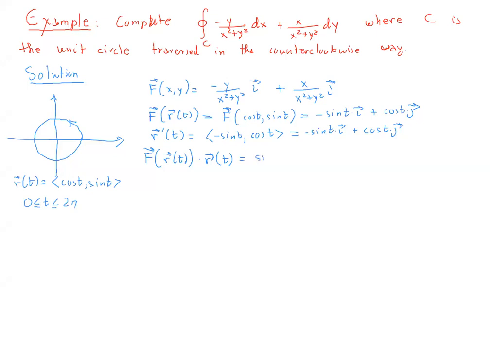You get sine squared of t plus cosine squared of t. We multiply this with that and this with that, and then we add them up, and that's simply equal to 1. So after all this effort, what we need to integrate is simply the function 1, from 0 to 2 pi. And what we get is 2 pi. And that's all.